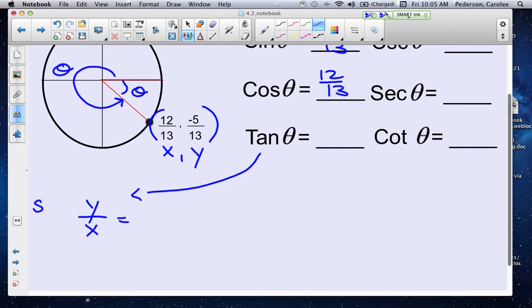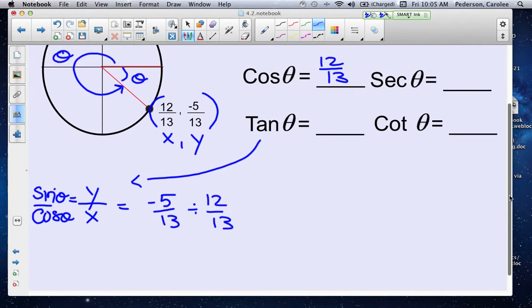Or sine over cosine. So we're going to go ahead and divide those two fractions. So negative 5/13 divided by 12/13. How do I divide a fraction by a fraction? You got to turn it to multiplication.